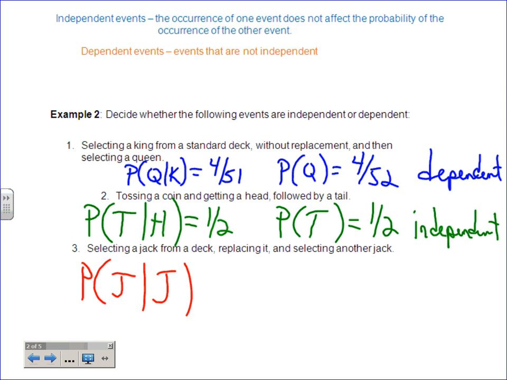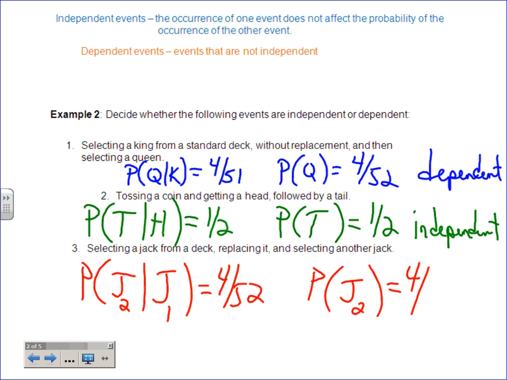So I'm doing J2 as the one on the left, and J1 is here. Well, what is that? I know a jack got drawn, but then it got put back in, so that second one is 4 out of 52. So what is the probability, and now what should I put here? It's obviously a J, but J2. And what is it? So what do you think?